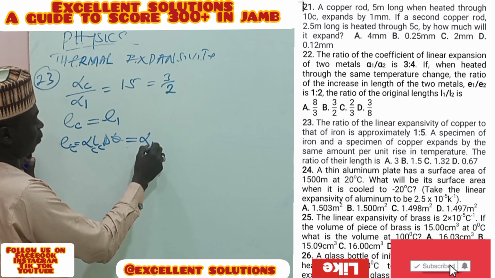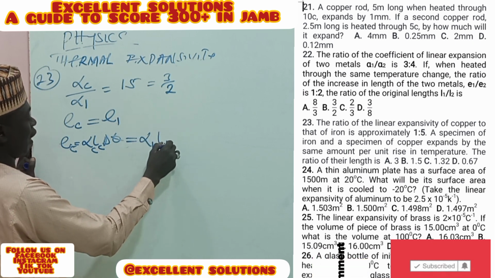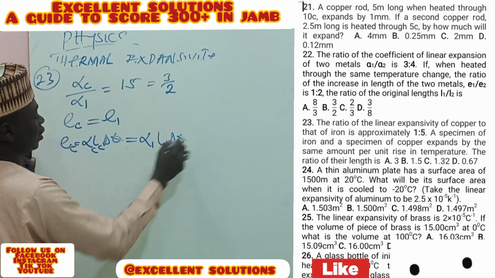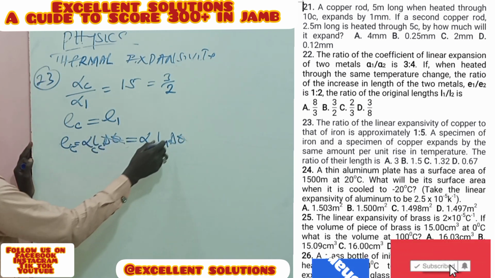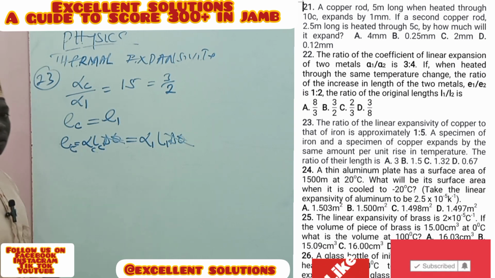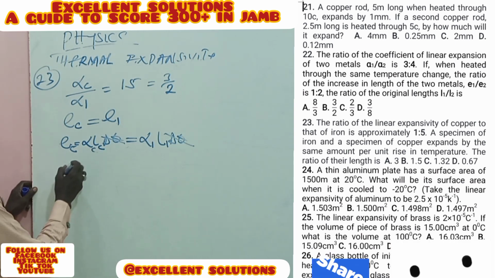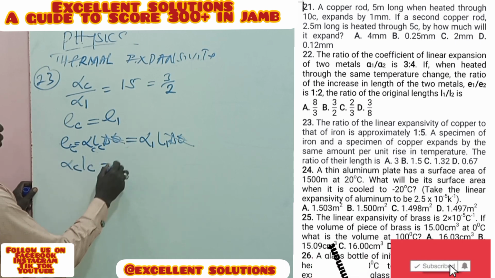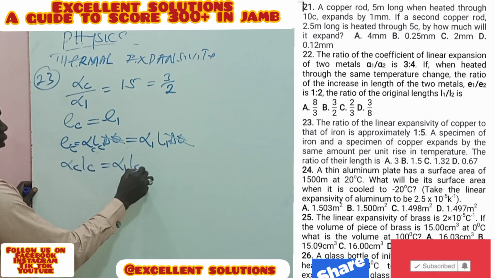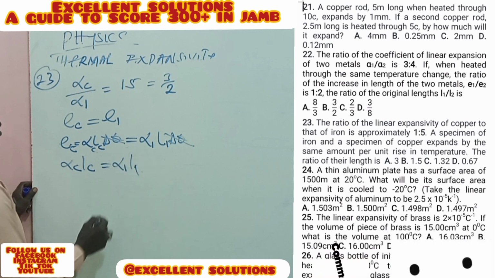We have alpha of iron, length of iron, then delta theta. So we can relate these two. Delta theta can cancel delta theta. So we are now having alpha of copper, length of copper equals alpha of iron, length of iron.